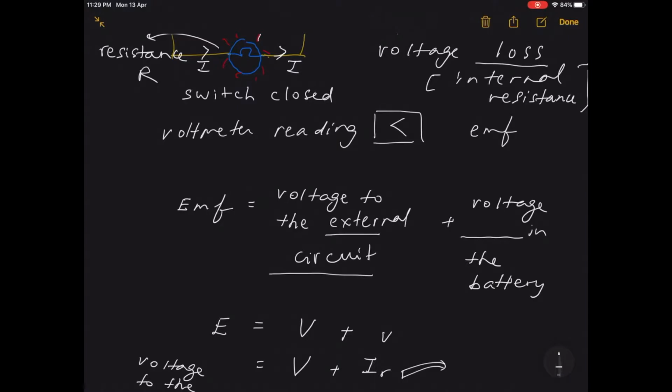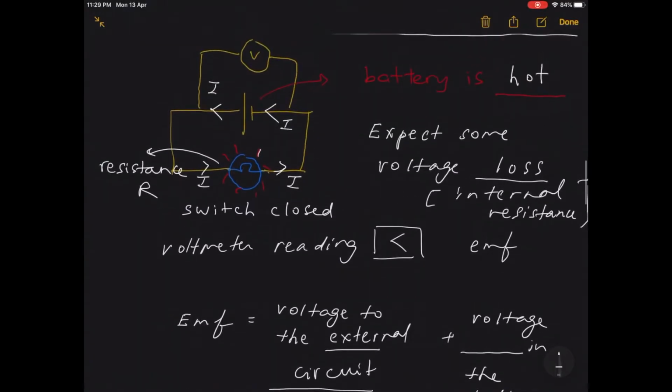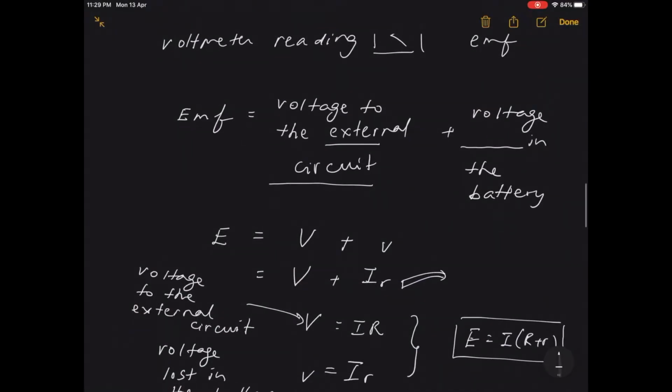In our diagram, it's a very simple one. Your external circuit refers to the lamp. But from the principle of conservation of energy, you have to account for the voltage loss. So it will be the voltage loss in the battery. The one you give to the external circuit plus the one lost should equal the total voltage that can be supplied by the battery, and the name given to it is EMF.